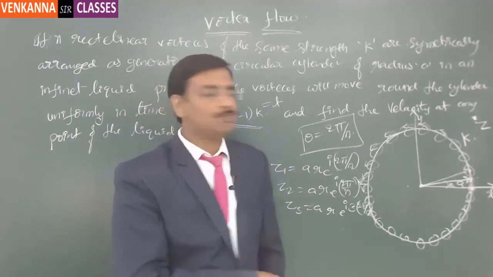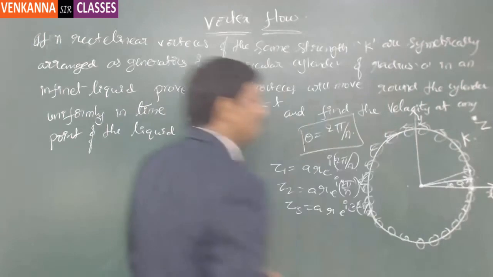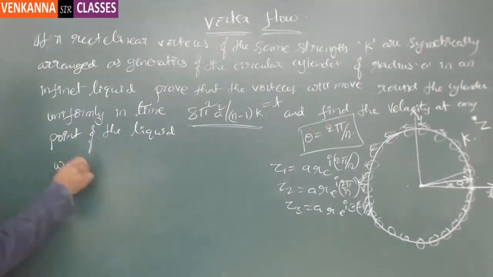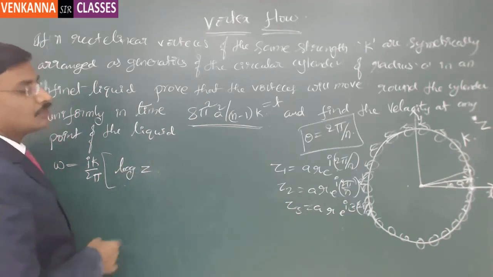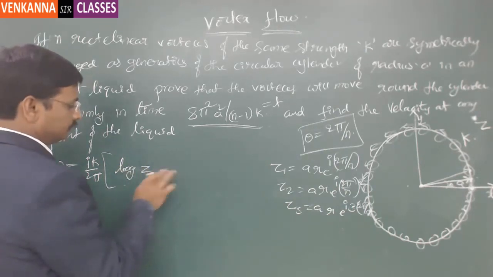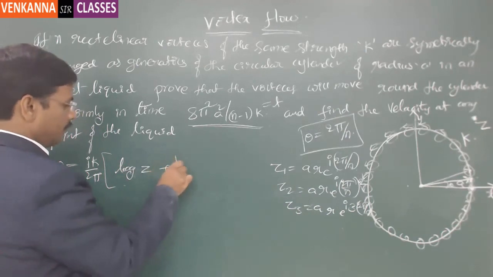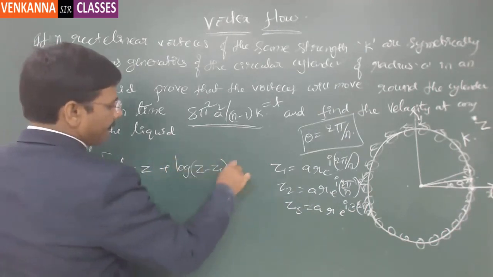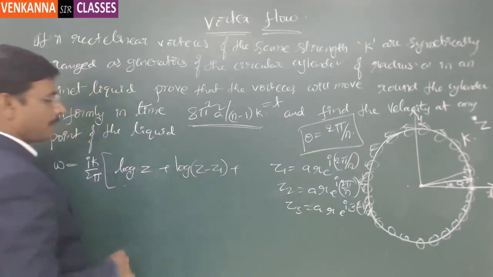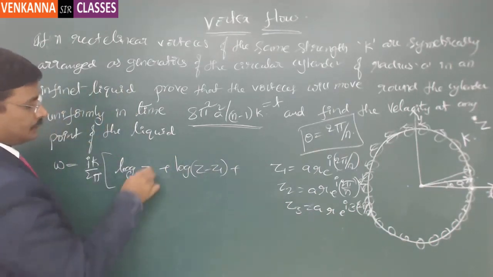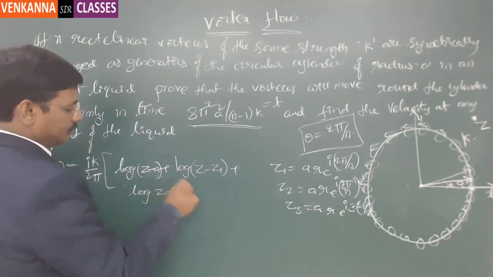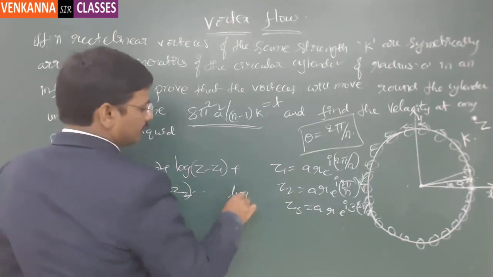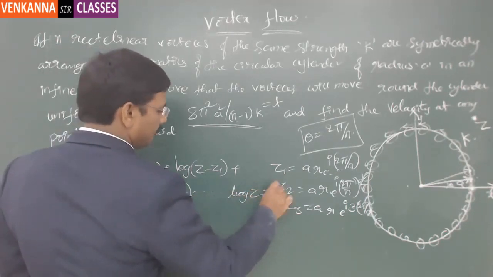Now the total complex potential at this particular point, W, is given by Ik by 2 pi times log Z, plus log Z minus Z1, plus log Z minus Z2, like this, up to log Z minus Z n minus 1.